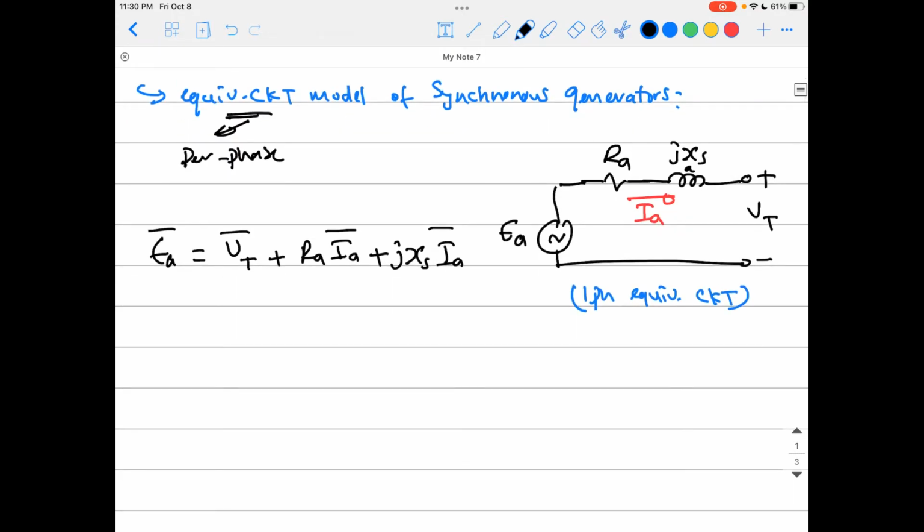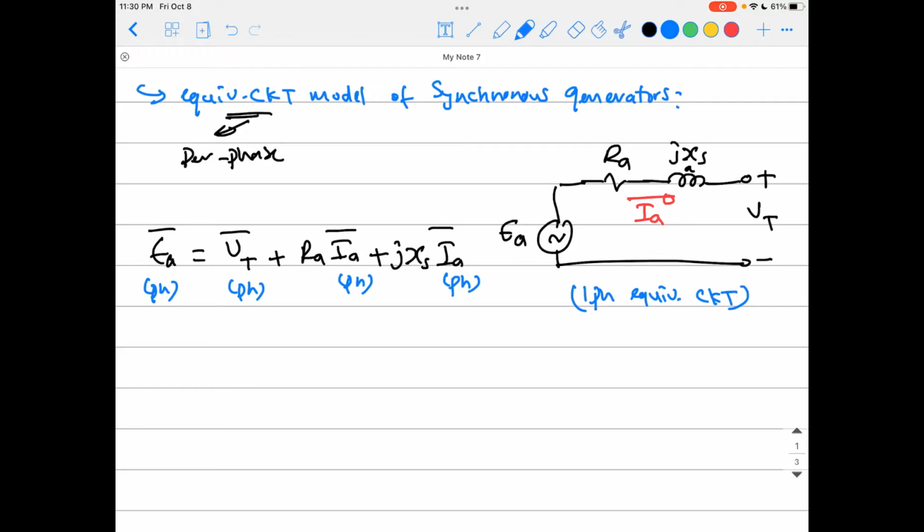All those with a bar on top of them are in polar form, which means each is a magnitude and an angle. I keep emphasizing that these are phase quantities: the terminal voltage, RA and IA are all per phase.